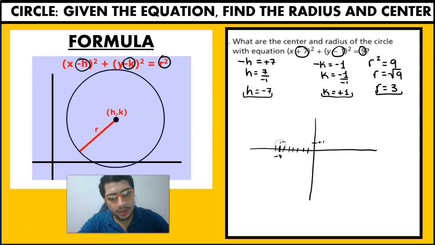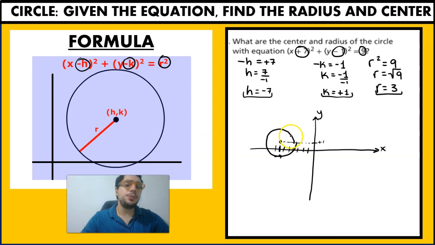Right? So the center is supposed to be somewhere around here, right? In our coordinate plane. And now our r is going to be of 3, right? So it's going to be up until here, and we're gonna have our circle.